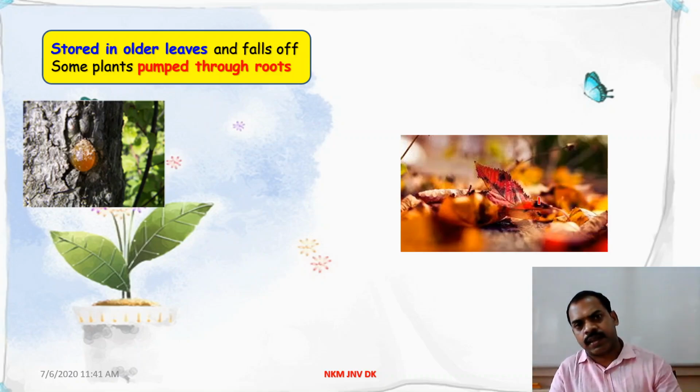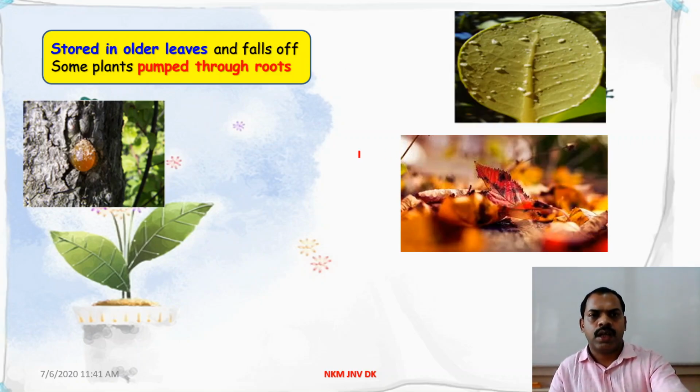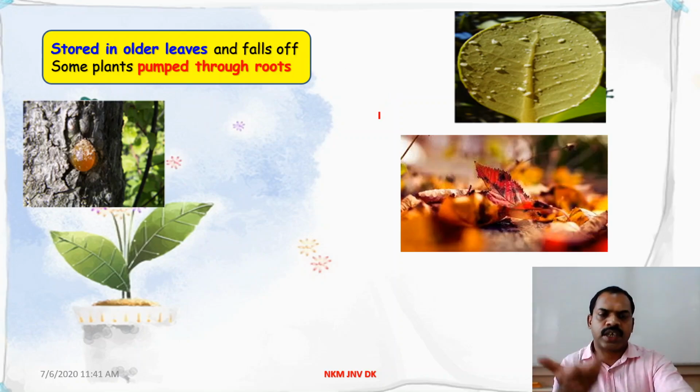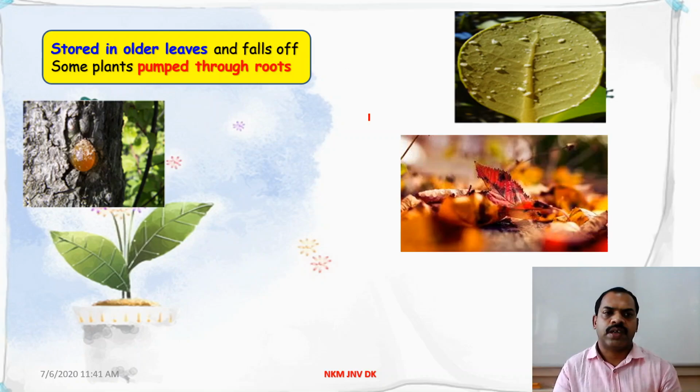And some plants, by using energy, will pump out the waste material. Or something in the leaf they will store, just like latex. Sometimes they will pump out through the roots also by using energy. So these are the various ways by which plants excrete materials.